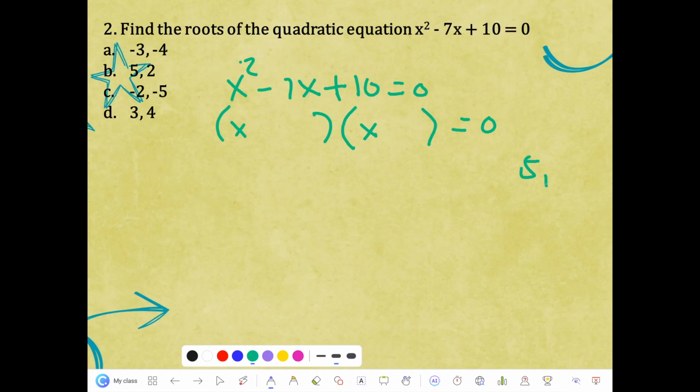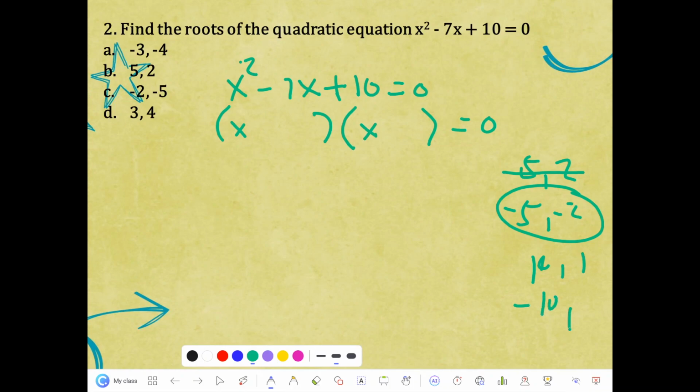You have 5 and 2. Ito 7, negative 5, and negative 2. Ito, pwede na. Kaya marami pa yung factors 10 and 1, and negative 10, and negative 1. Pero ito ang ating gagamitin dahil kapag inad mo, negative 7 siya. So, you have x minus 5 and x minus 2. Next is you equate the factors to 0.